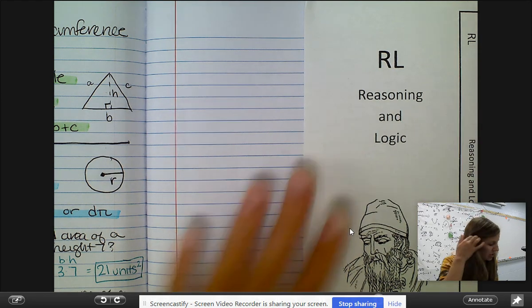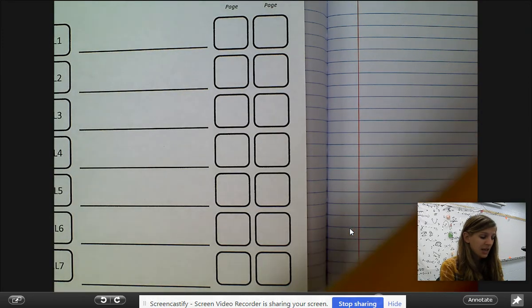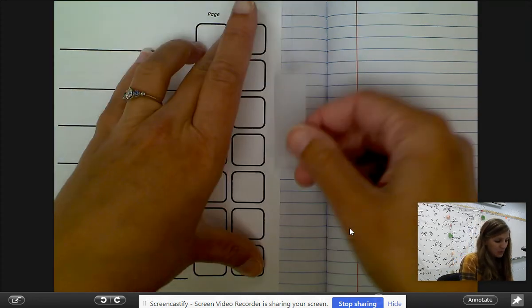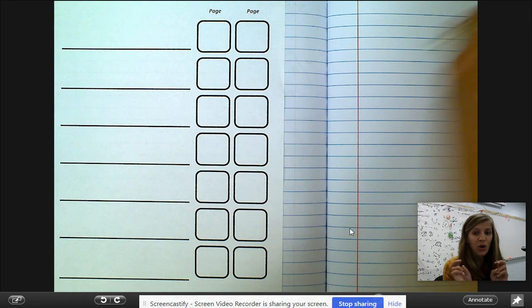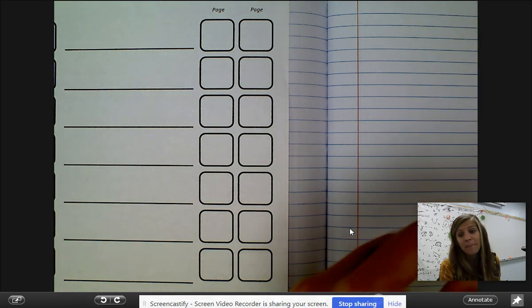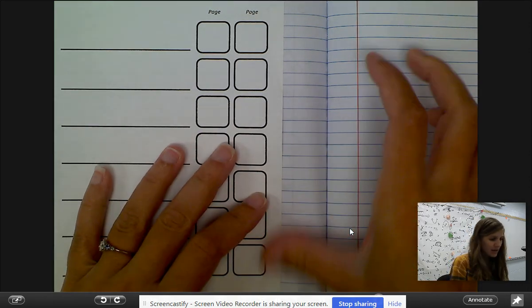Now, when it comes to this topic, reasoning and logic, this is really sort of the basis of how math was built and how it was formalized, if you will. A lot of people were using a lot of math way back in the day, but it wasn't formalized.